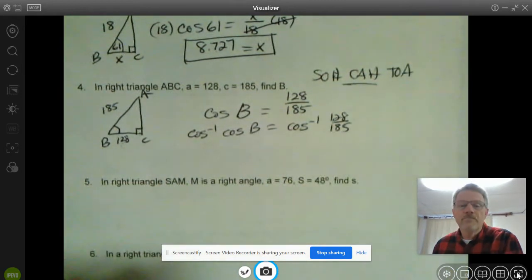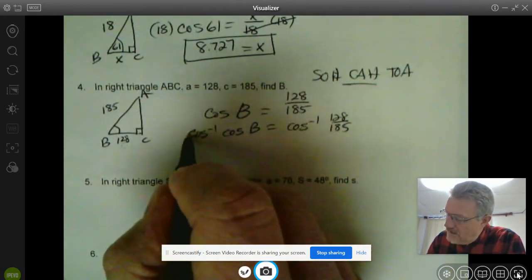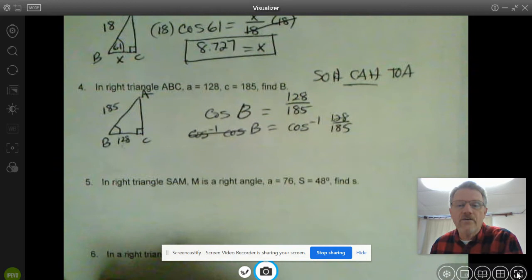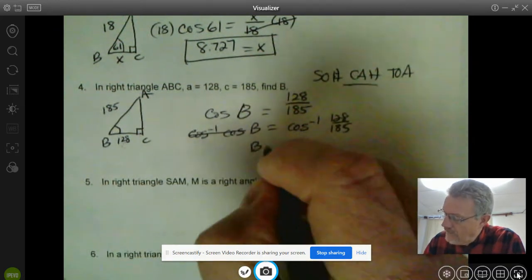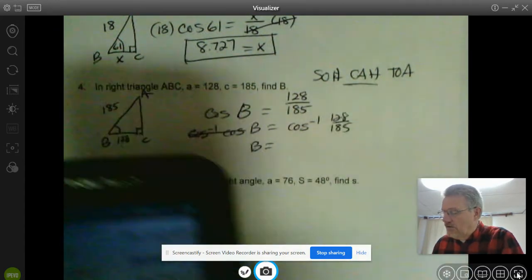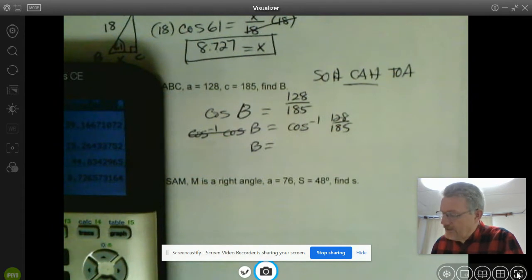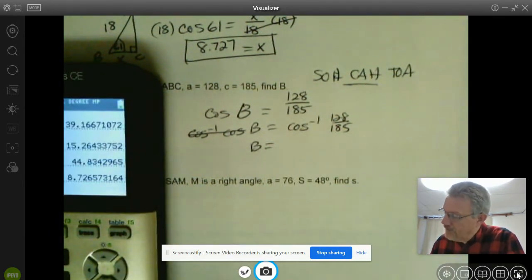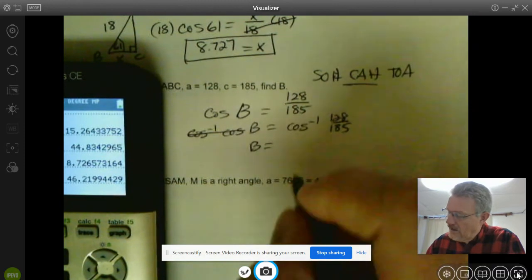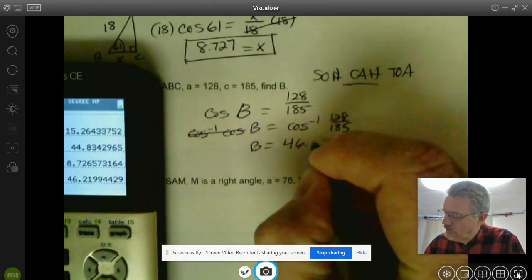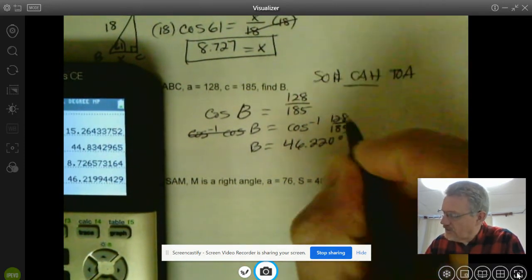Cosine and arc cosine cancel each other out. So in my calculator, I just put arc cosine, inverse of cosine. So second cosine 128 divided by 185. All right, and angle B is 46.220 degrees.